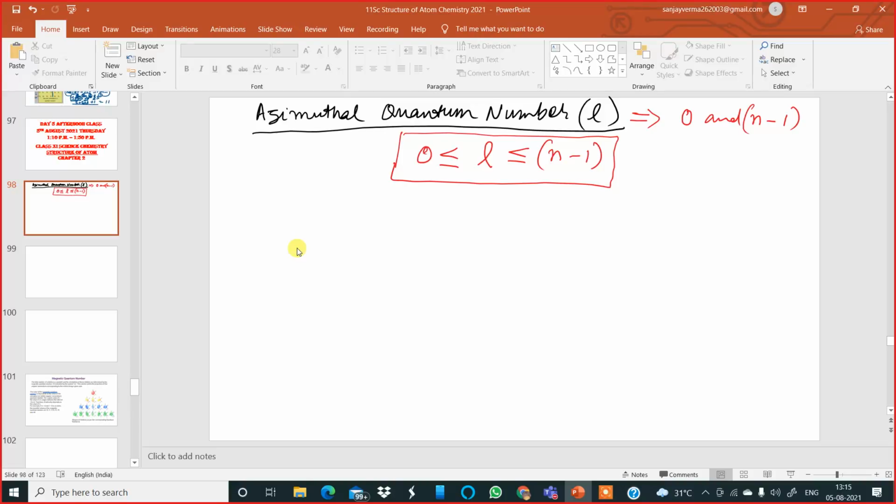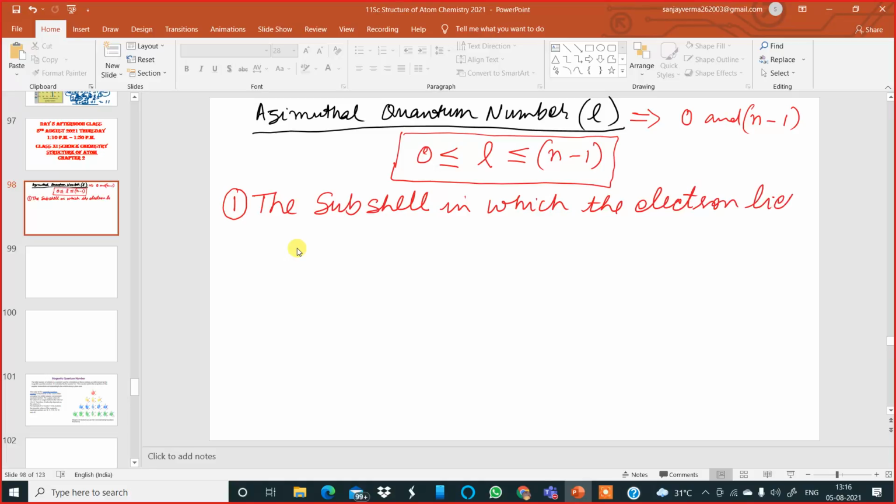Now what is the information provided by the azimuthal quantum number? Let us discuss those point-wise. The first information provided to us by the azimuthal quantum number is the subshell in which the electron lies.